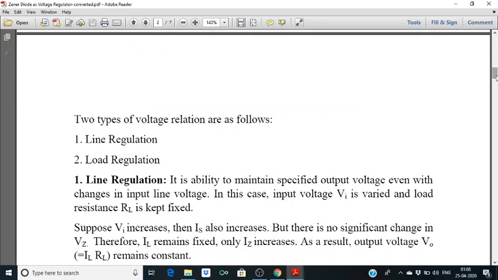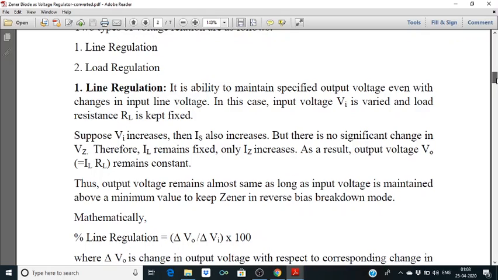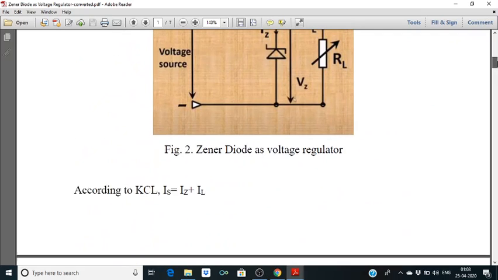There are two types of voltage regulation: line regulation and load regulation. Line regulation means the ability to maintain a constant output voltage while we are changing the input voltage supply.